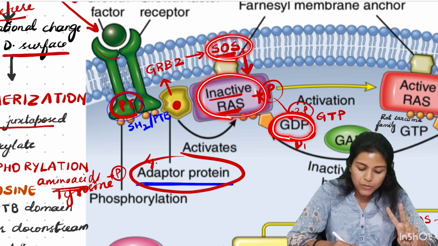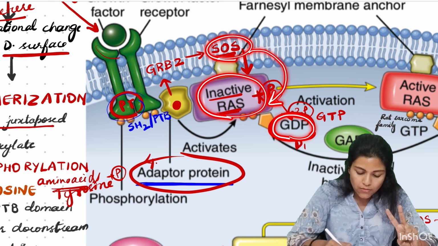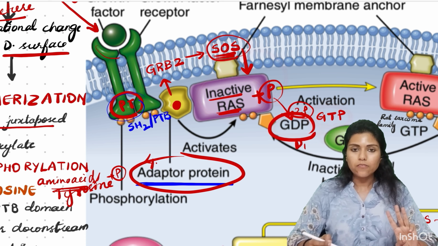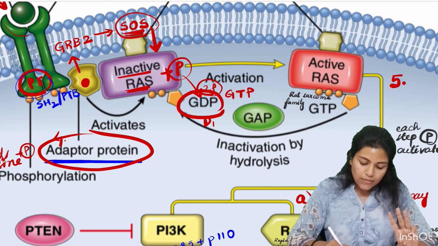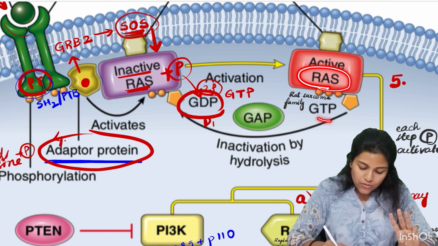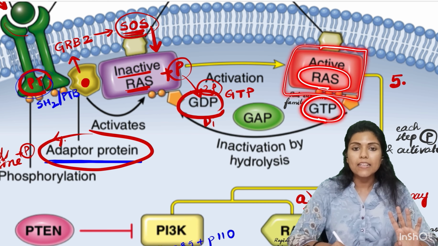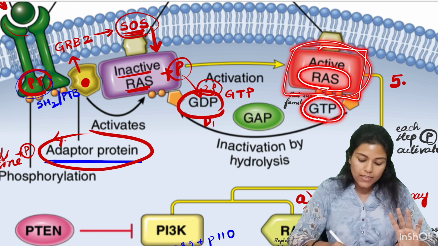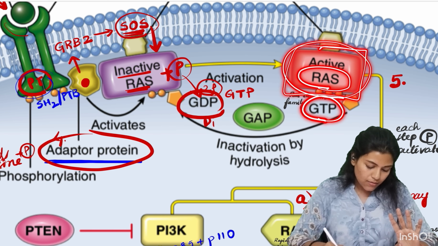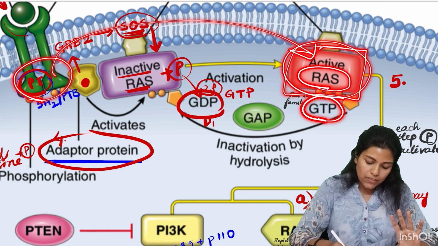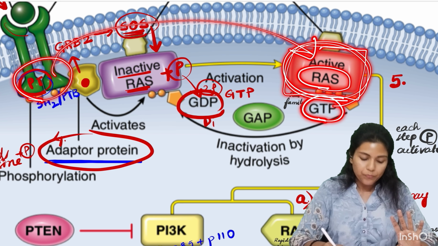SOS has donated its phosphate to the inactive RAS, so GDP will now become GTP, a triphosphate. Now this RAS, which is bound to GTP, is called an active RAS. This is how the activated receptor has caused the activation of RAS.